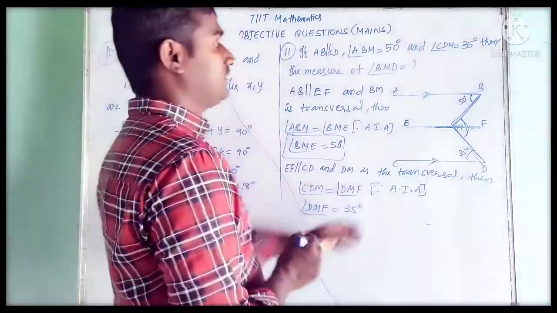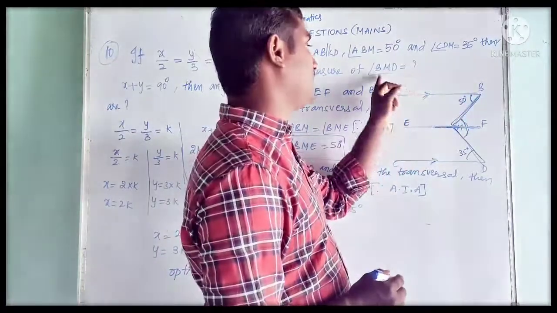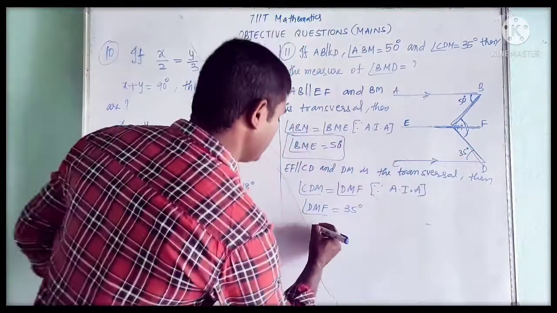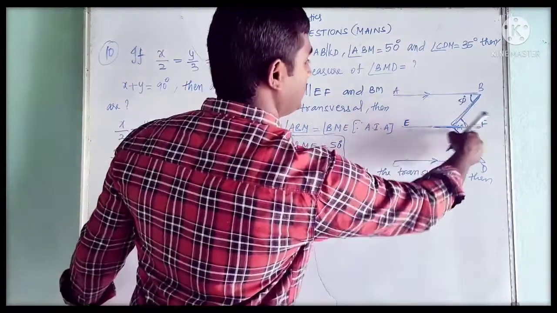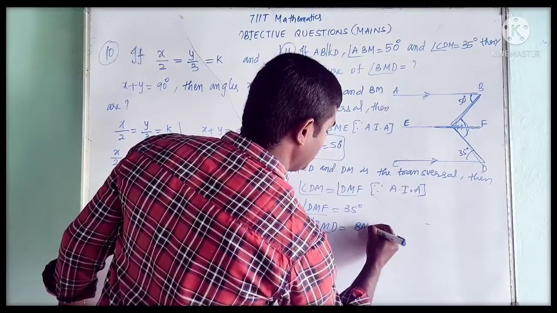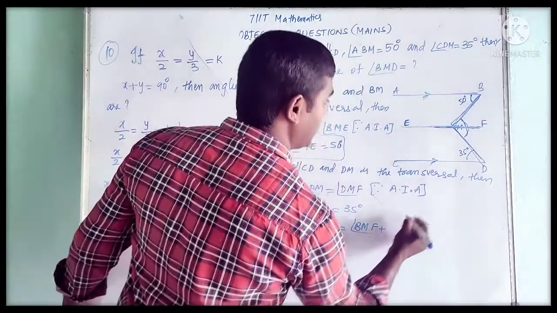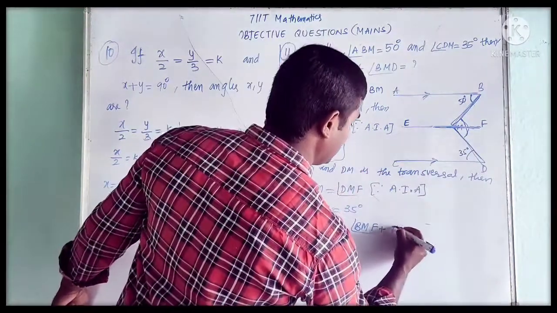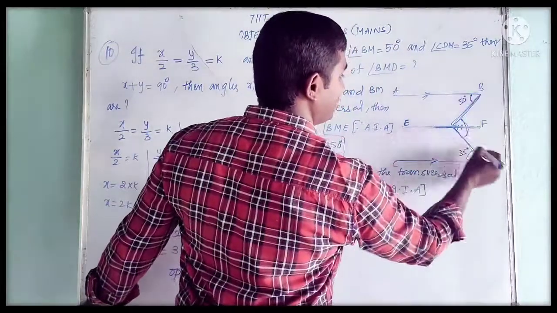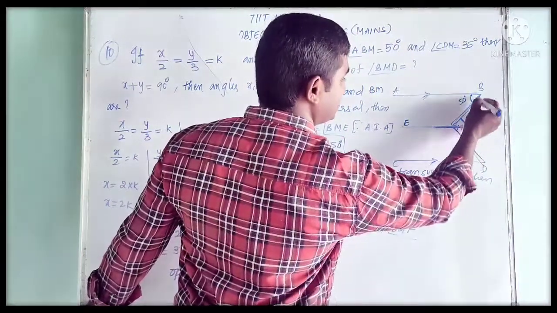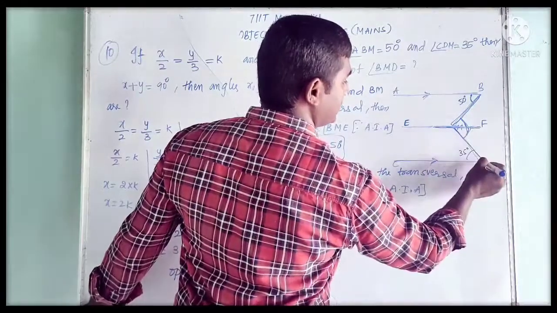Okay. So from the figure, we need to find angle BMD. Yes, angle BMD equal to, we can write, angle BMF plus angle DMF. So angle BMD equal to this angle plus this angle. This angle is BMF. This angle is DMF.